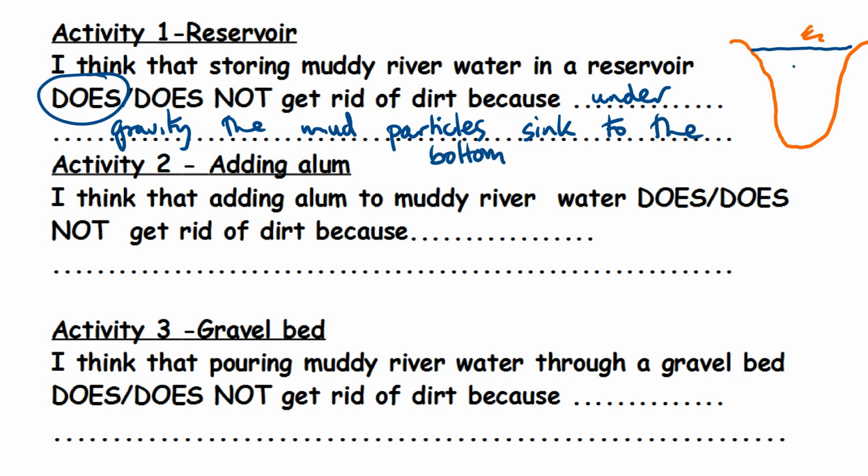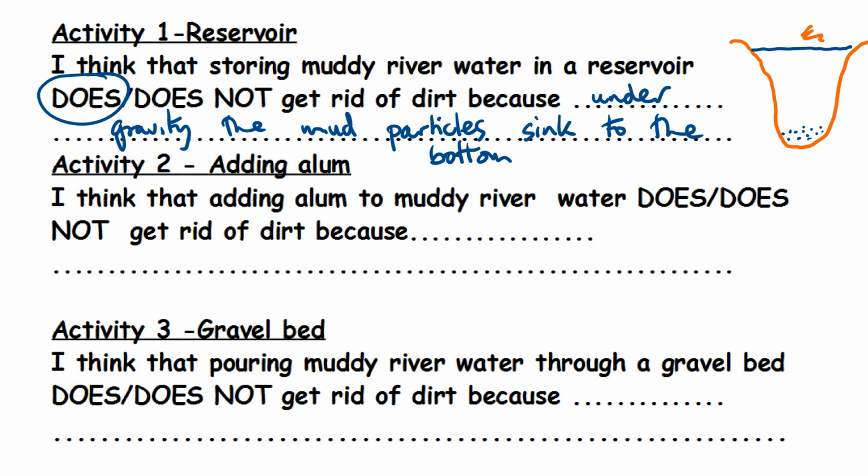In other words, you had lots and lots of mud particles in here to start off with. They all sink to the bottom under gravity, and so eventually what happens is the water in the reservoir becomes clearer because all those particles have sunk to the bottom.